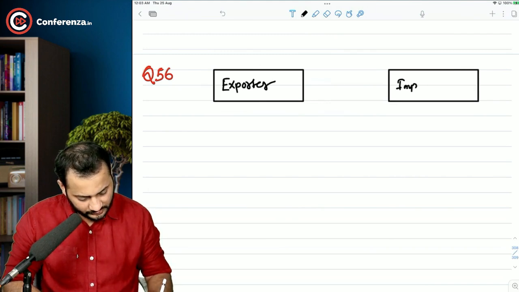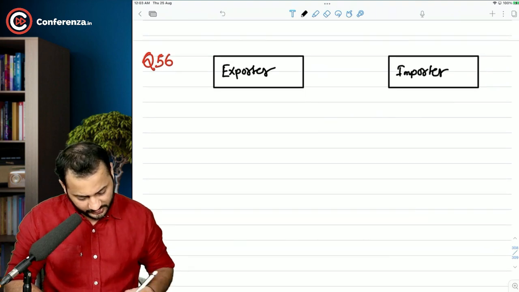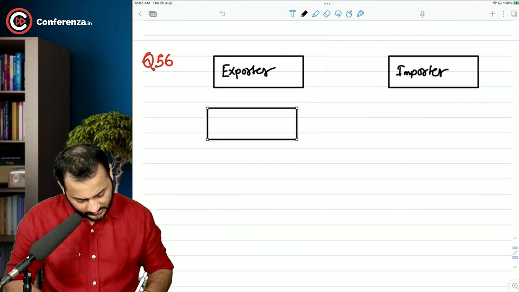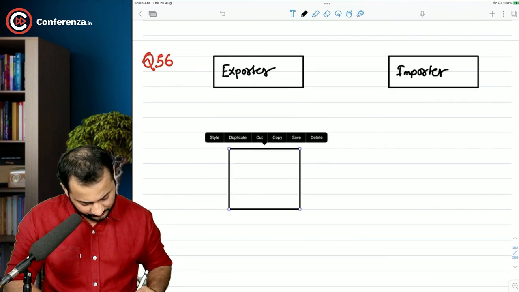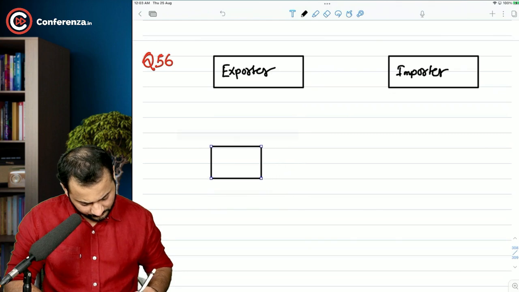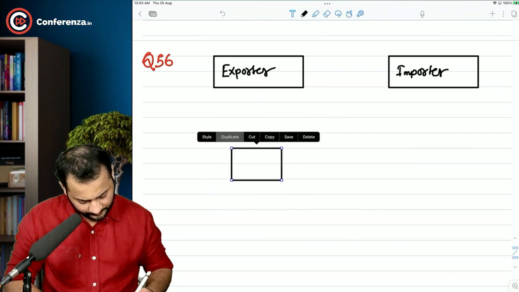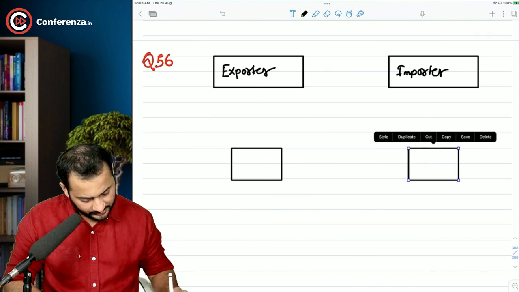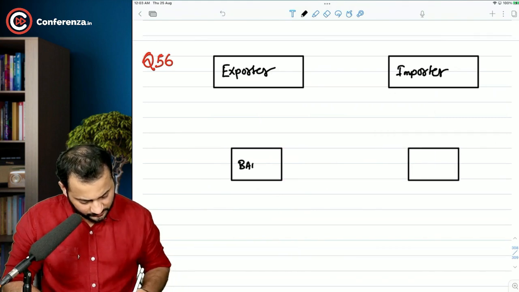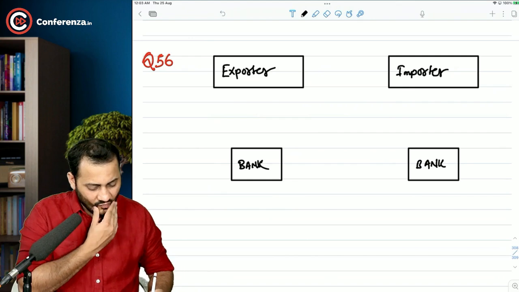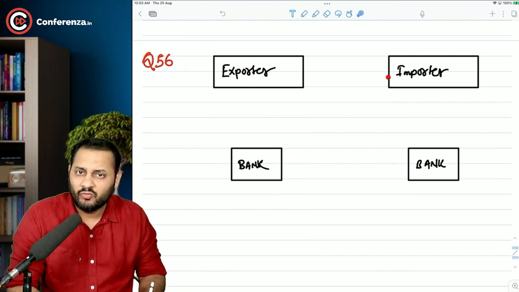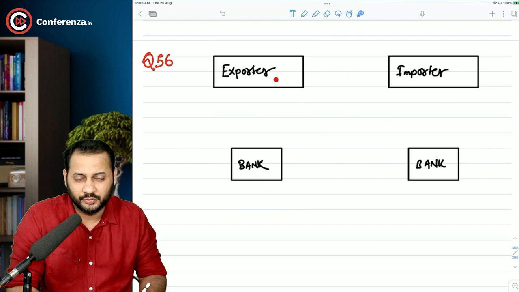Exporter, importer in the other country, and this is the bank in our country. Okay, and this is the bank for their country. Now, these parties are important. What happens is that the importer wants to purchase some goods from this exporter and the exporter also wants to sell some goods to the importer.